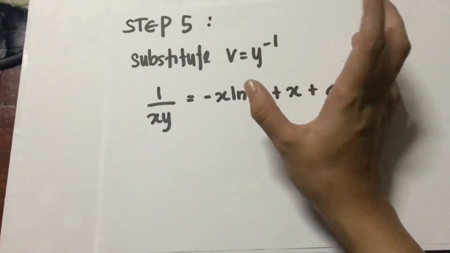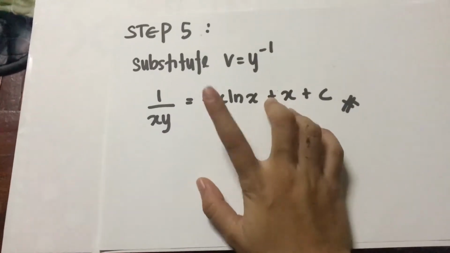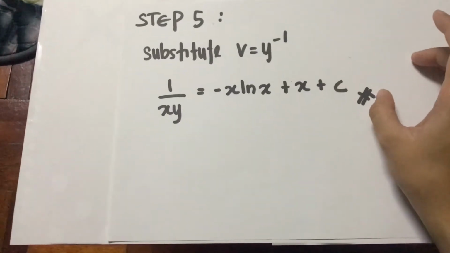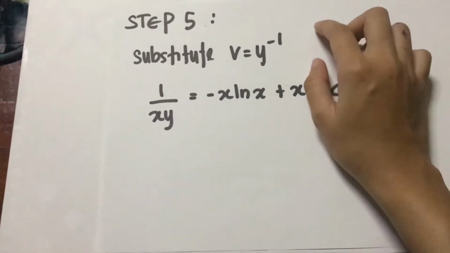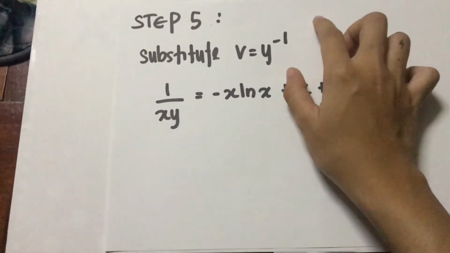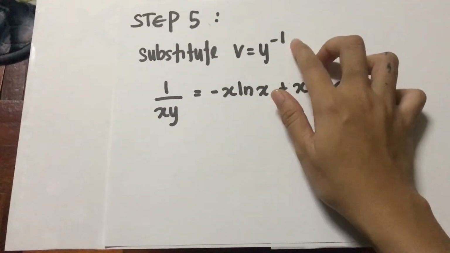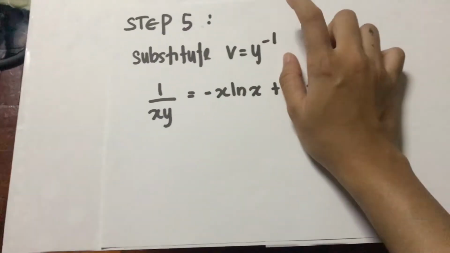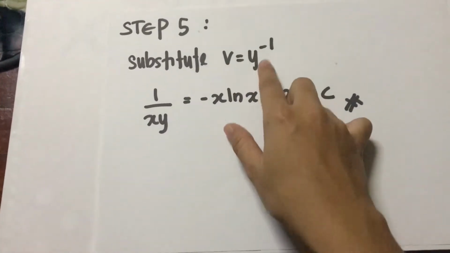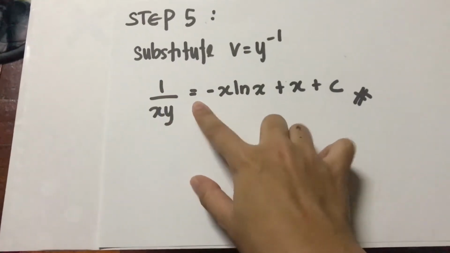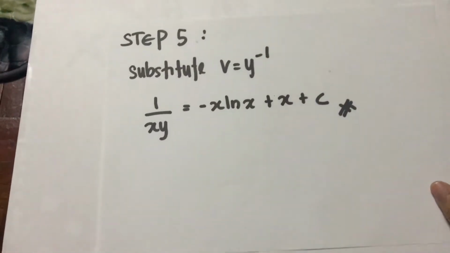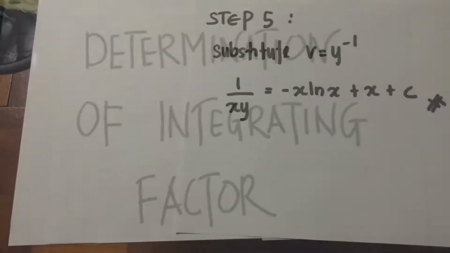After we integrate, we get the answer in the form of v, but the question is in the form of x and y, so we change it back to the original form by substituting v equals y power of -1, which we get from the first step. So after we substitute v equals y^-1, we get 1 over xy equals negative x ln x plus x plus c. So we have done with the Bernoulli differential equation.